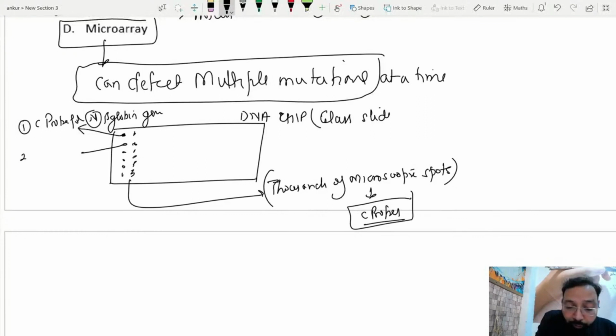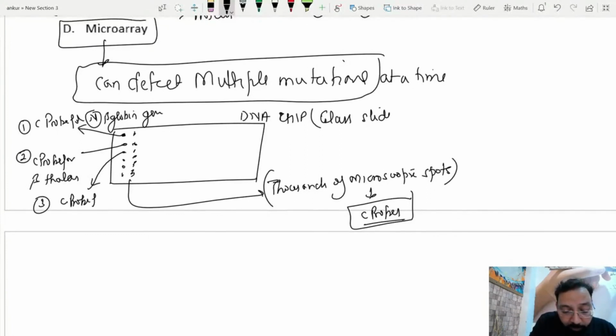At position 2 we have attached a complementary probe for beta thalassemia. At position 3 I attach a complementary probe for normal alpha globin gene.